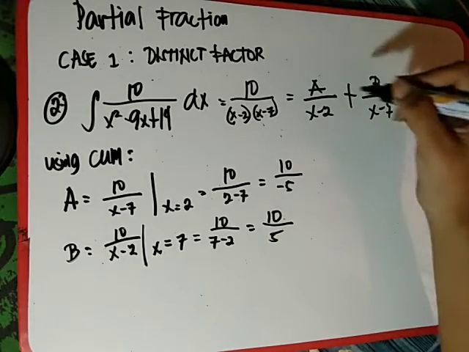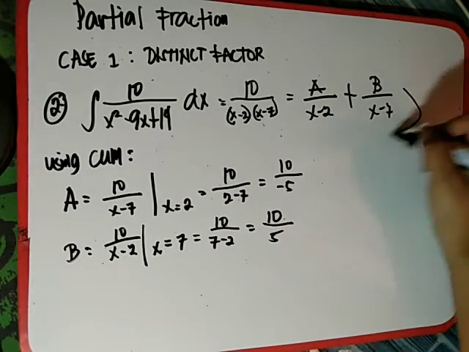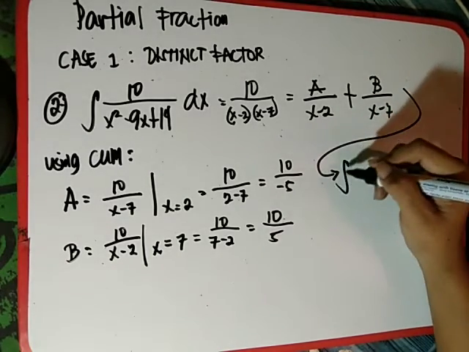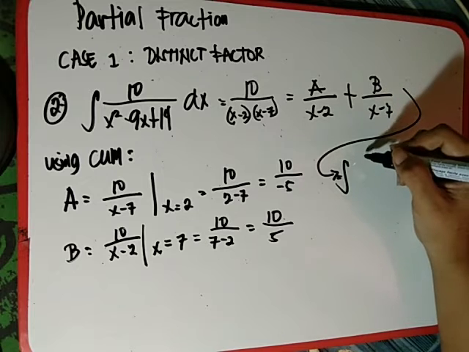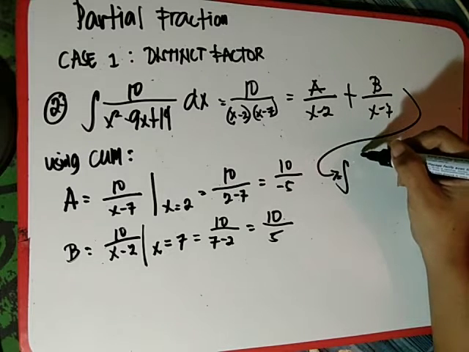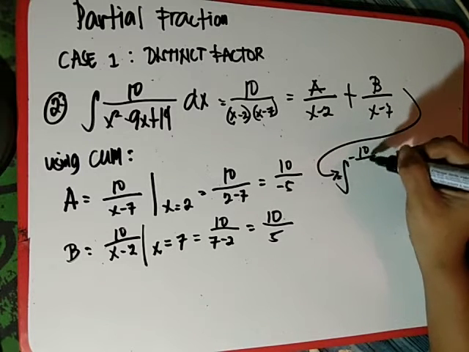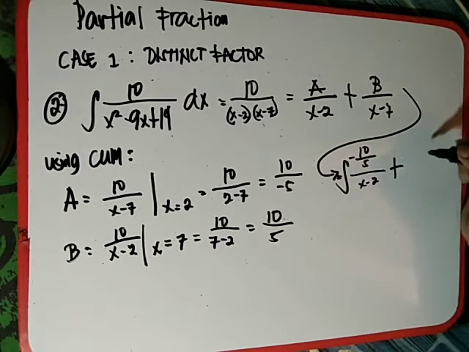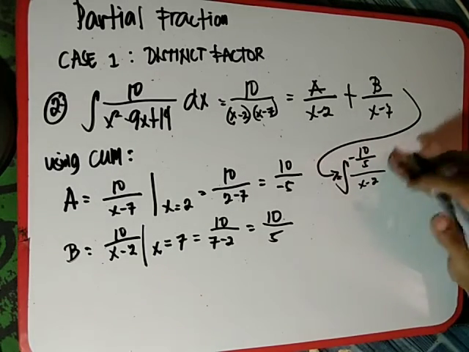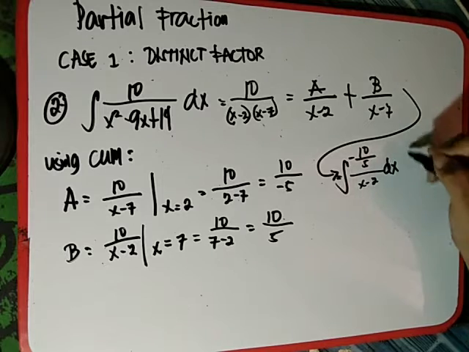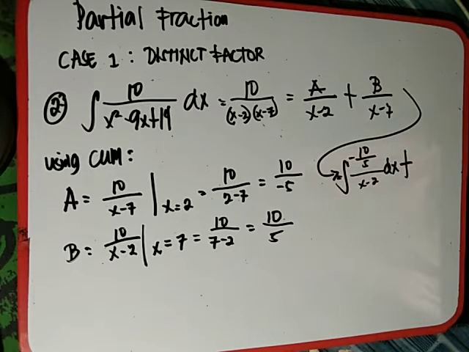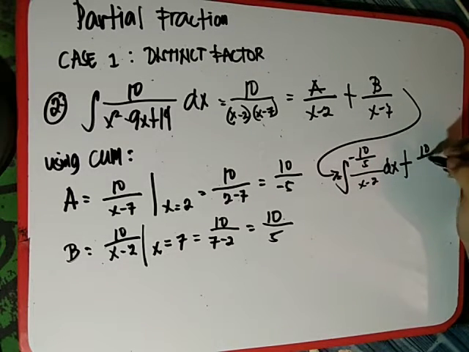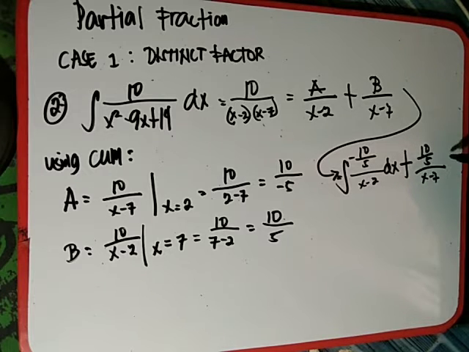So let's substitute the value of a and b. So we will continue here. We have the integral of a, which is negative 10 over 5 over x minus 2 dx, plus the value of b, which is 10 over 5 over x minus 7 dx.